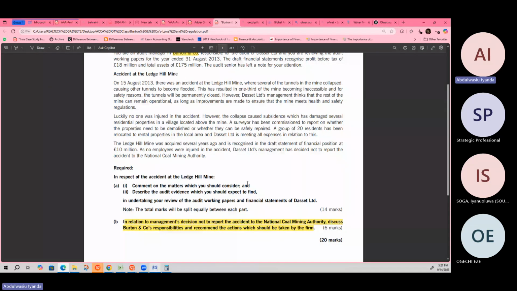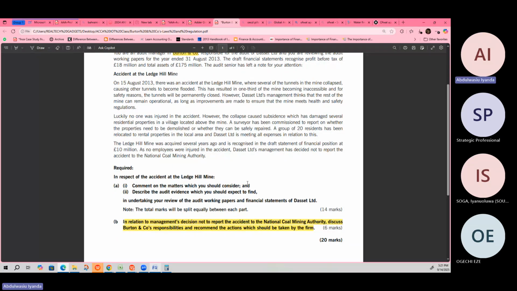However, the client management think that the rest of the mine can remain operational as long as improvements are made to ensure that it meets the health and safety regulations. Luckily, no one was injured. However, the collapse caused subsidence which has damaged several residential properties in the village located above the mine.